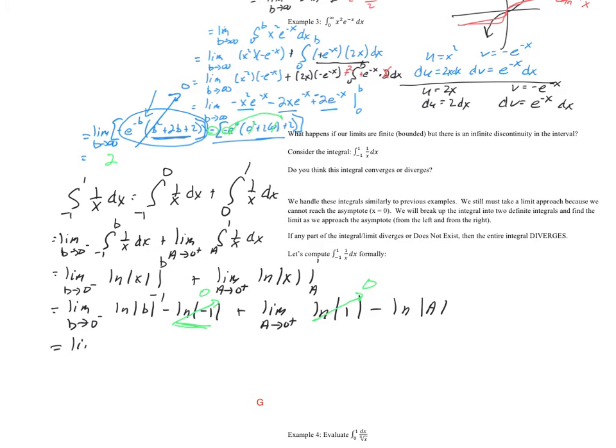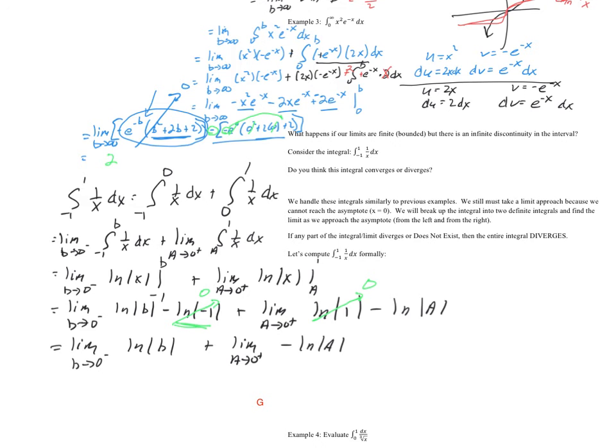So now we have the limit as b approaches 0 from the left of the natural log of b, plus my limit as a approaches 0 from the right of the opposite of the natural log of the absolute value of a.